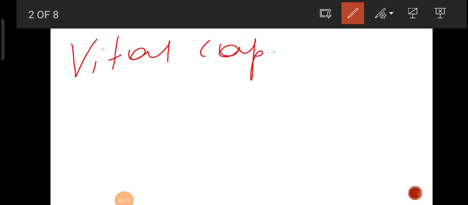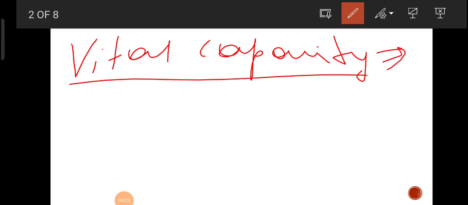Now let's see another capacity, that is vital capacity. Vital capacity, VC. What does it mean?